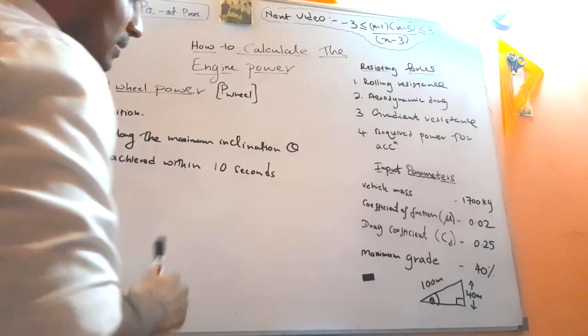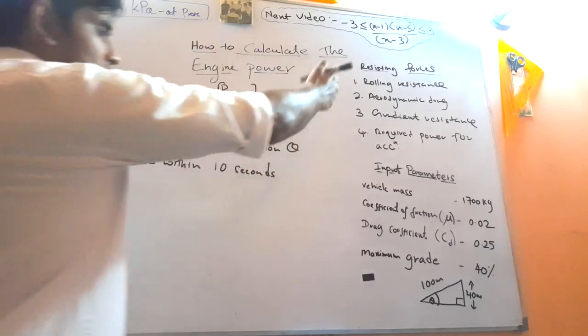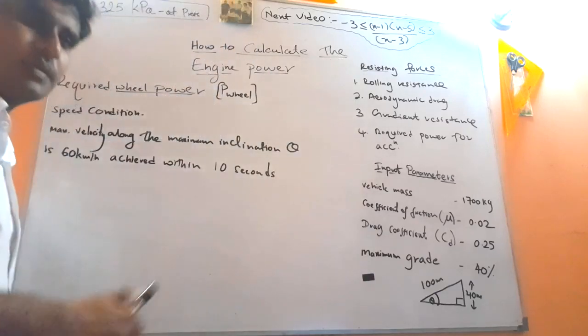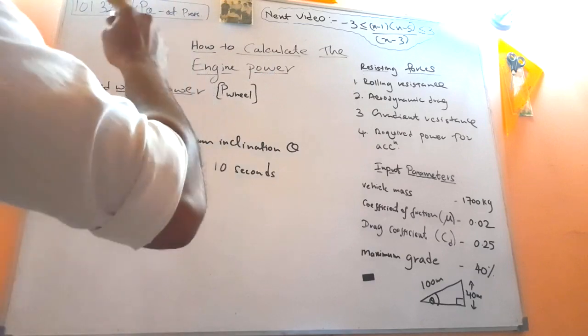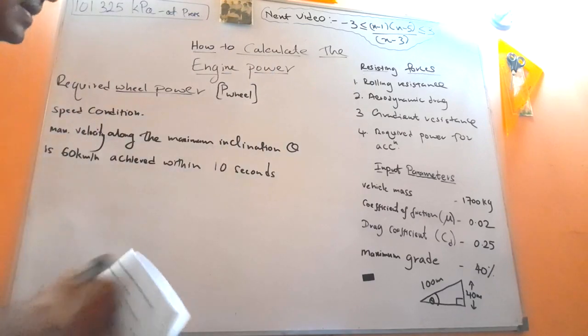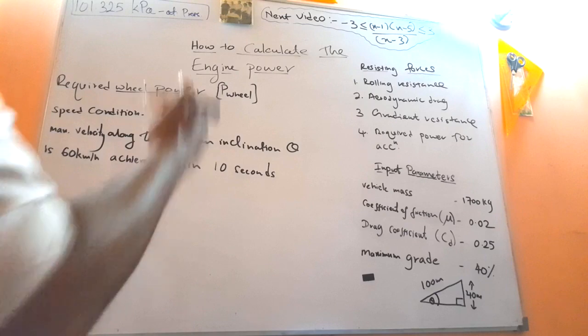Now we are going to find all these resisting forces one by one. The first resisting force is the rolling resistance.